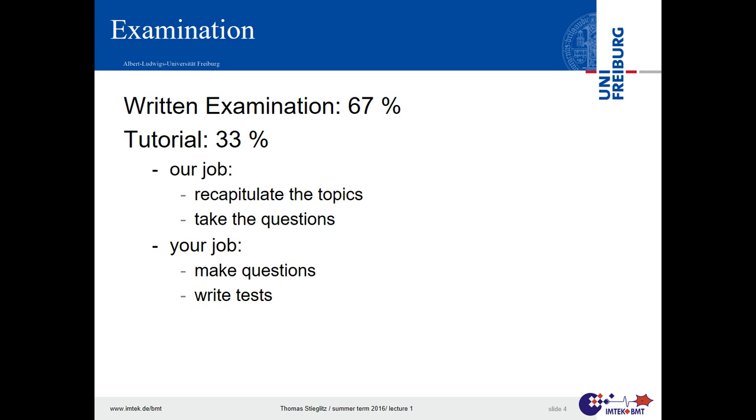I know that some of you have very special opinions about our HIS-in-1 system that is for registration and handling you as a student with all your grades. I also have very special opinions about that system, but it's the only one we have, so we have to work with that. And I'd like you to check if you're registered for the lecture and the exercises. That's one of the stupid things. So even though you have to take both, you have to register twice.